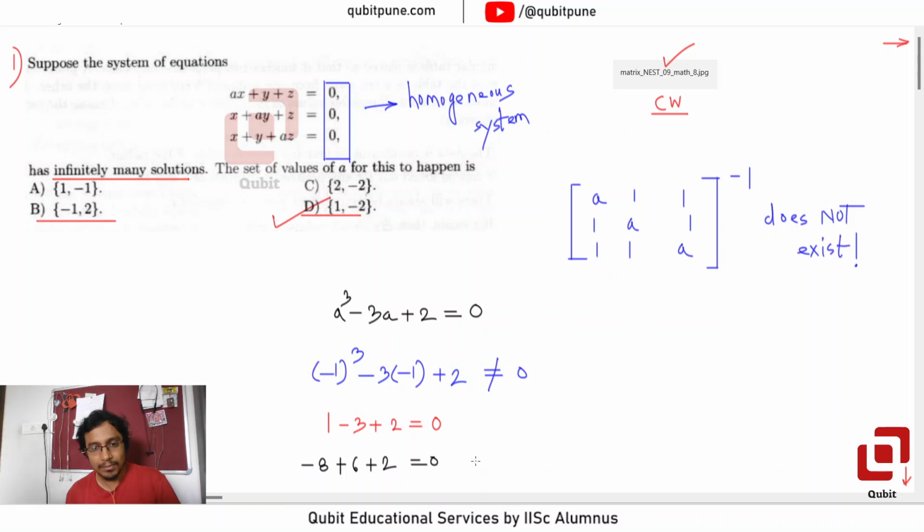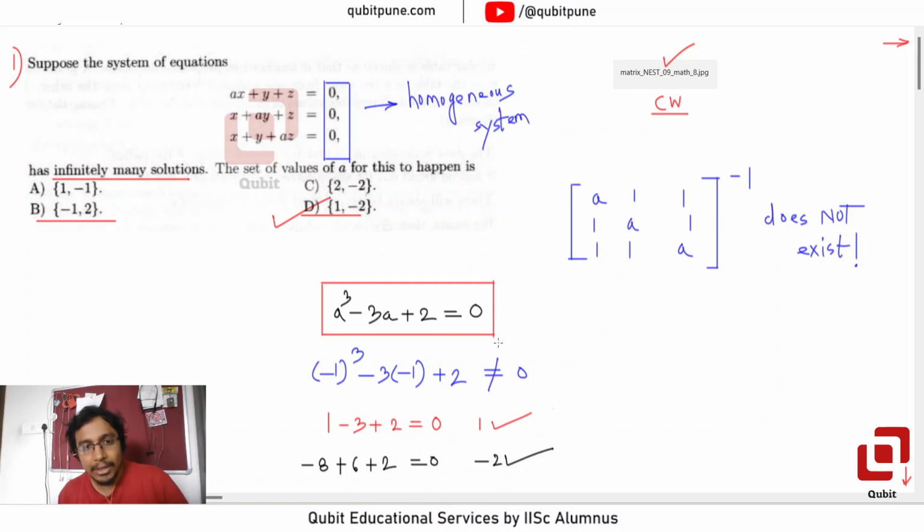Yes to minus 2, yes to 1. Now I have a question for you. This is a cubic polynomial, isn't it? And the roots that we have got are 1 and minus 2. So where is the third root here?